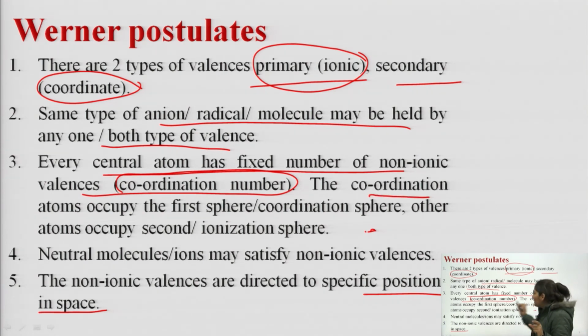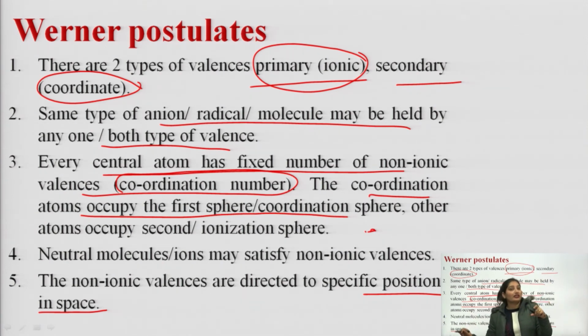So, the coordinating atoms occupy the first sphere or coordination sphere, and the other atoms occupy the second or ionization sphere. So, there are two types of sphere, coordination sphere and ionization sphere. Coordination sphere is known as the first sphere and ionization sphere is known as the second sphere.